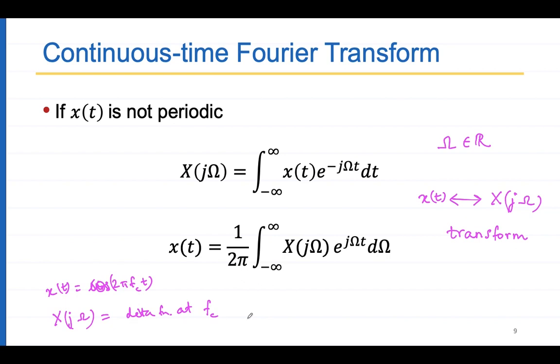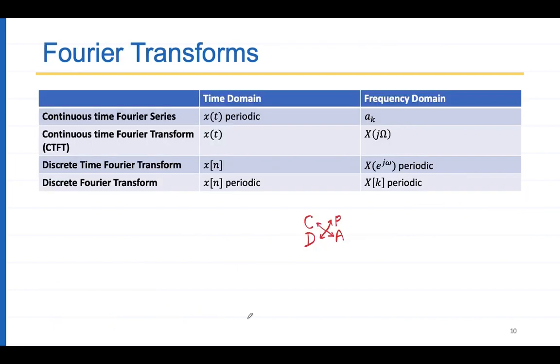So this gives rise to a motivation to also apply this kind of a transform to discrete time signals. In the beginning we saw the continuous time Fourier series. Basically you have a periodic x(t), and you transform it into a_k coefficients.